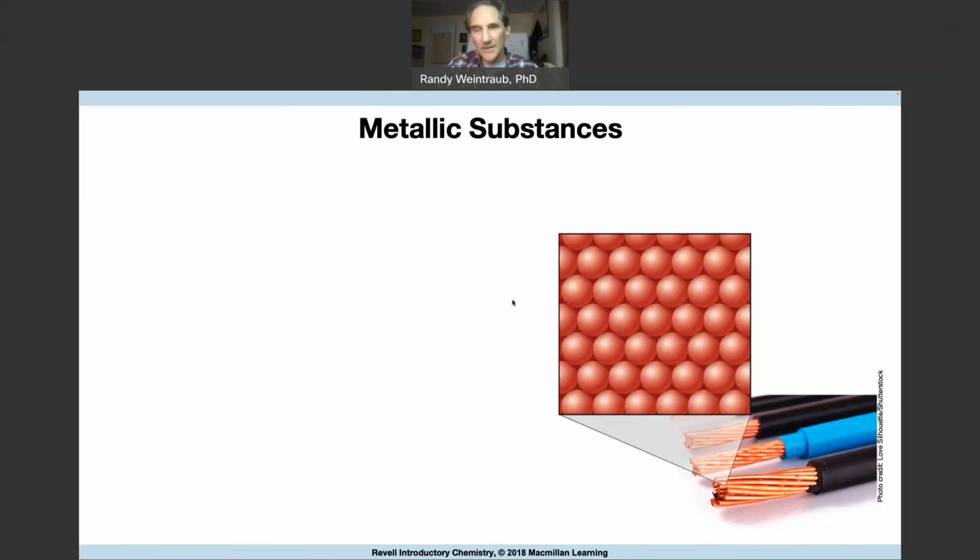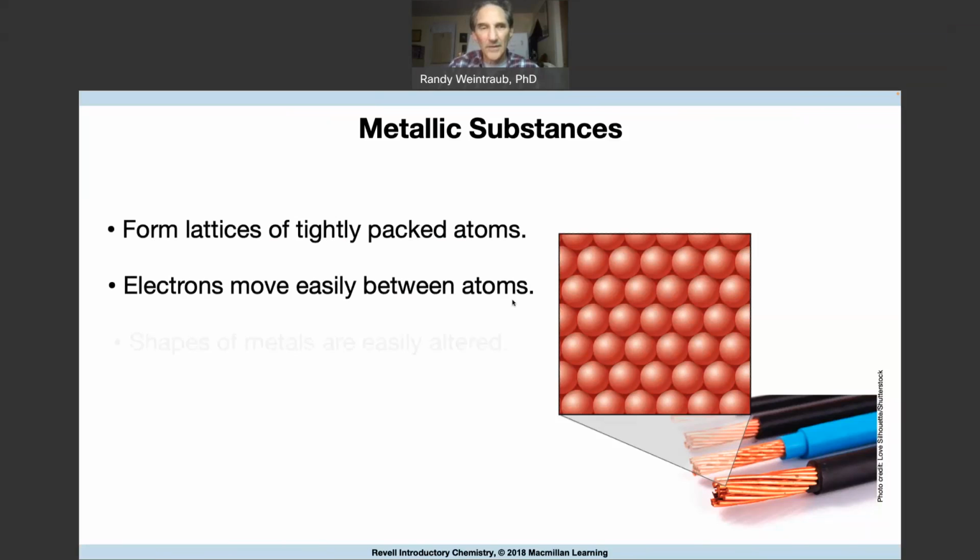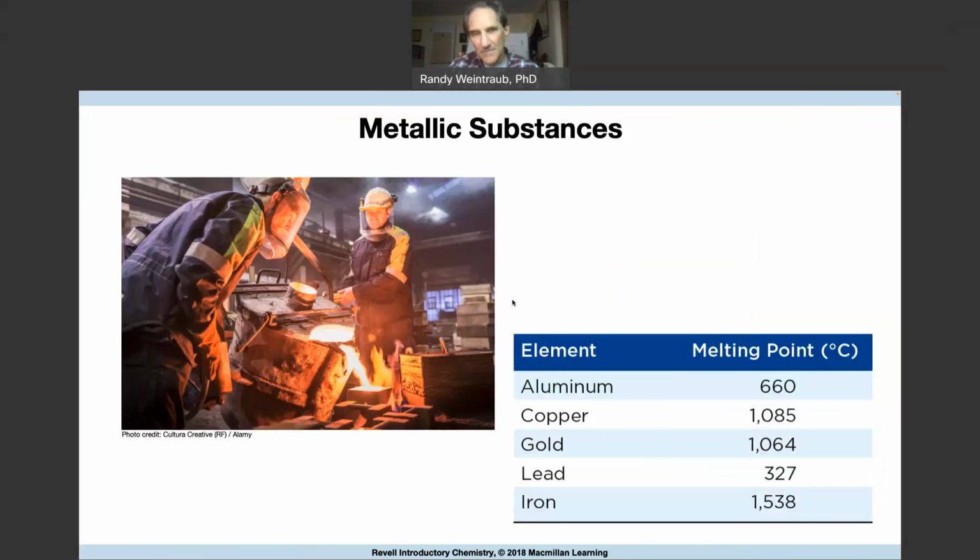And they are ductile, meaning they can be stretched into wire. Metals have moderately high melting points. Metals like iron, aluminum, and copper are commonly melted and molded into useful shapes.